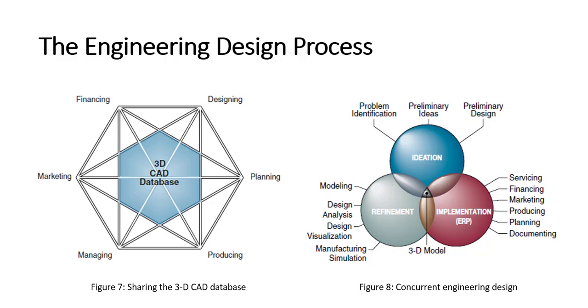For example, a preliminary 3D model could be created by the design engineer early in the ideation phase, and the mechanical engineer could use the same 3D model to analyze its thermal properties.